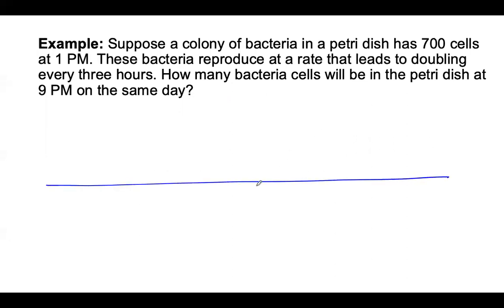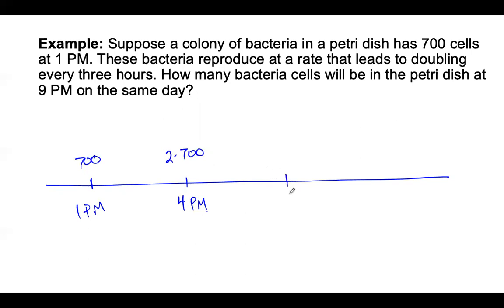So I'm going to draw a picture. 700 cells at 1 p.m. These bacteria reproduce at a rate that leads to a doubling every 3 hours. So 3 hours later, so at 4 p.m., we have 2 times 700.